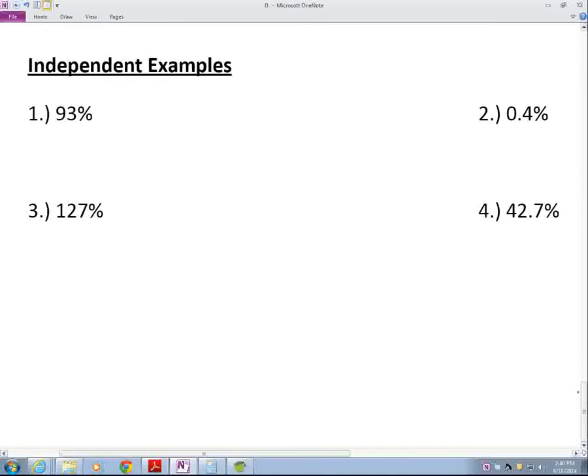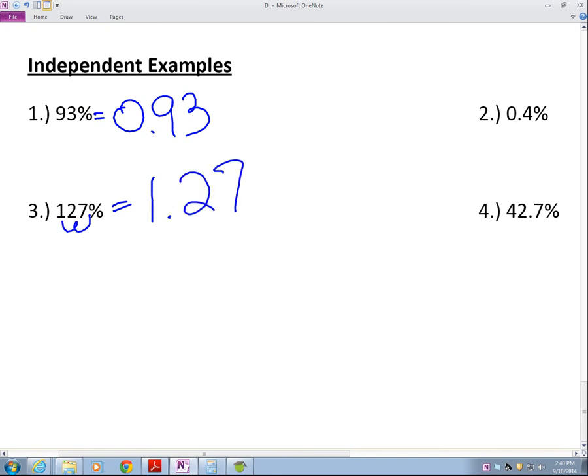So we have 0.93%, which equals 0.0093. Oh my goodness, that's hard. You guys know this. Okay, 127%. Divide that by 100. You just move the decimal point and take away the percentage sign. So it's 1.27.